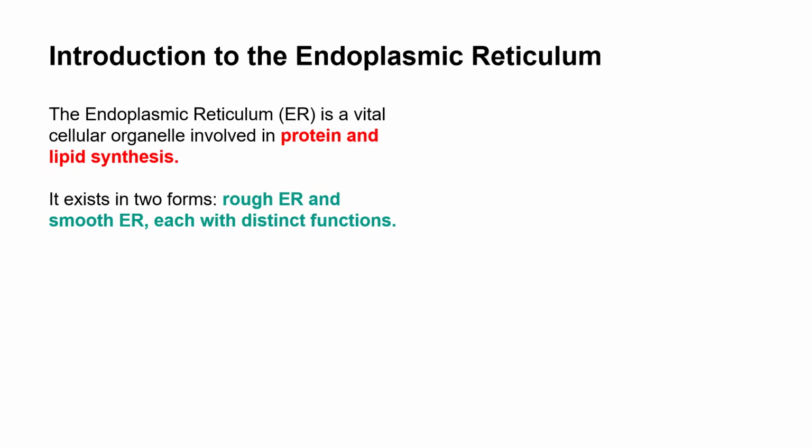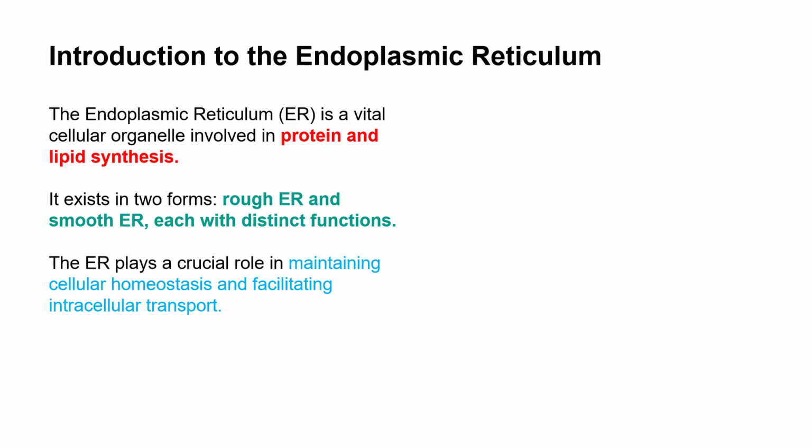You should understand that the endoplasmic reticulum plays a crucial role in maintaining cellular homeostasis and also facilitating intracellular transport, because it is involved in the transportation of some biomolecules or substances from the endoplasmic reticulum itself to the Golgi body and other organelles of the cell.